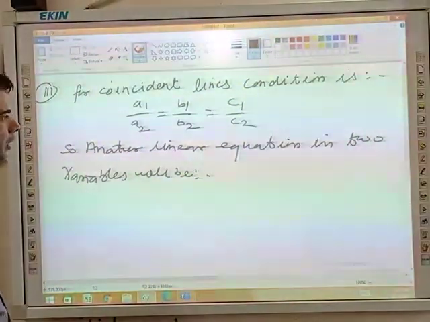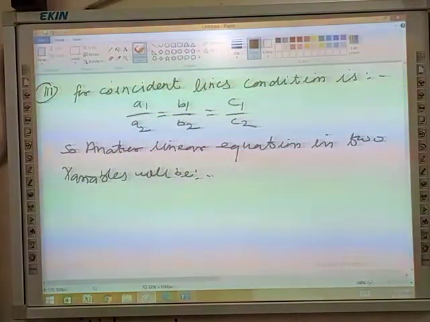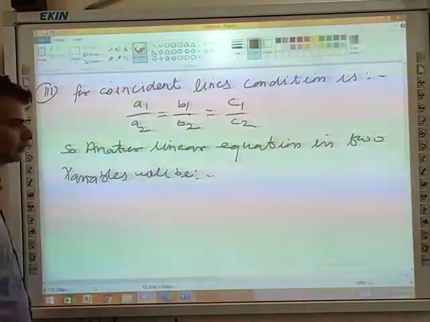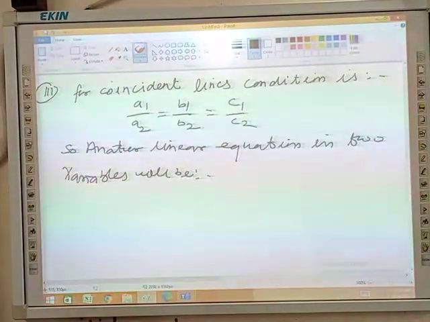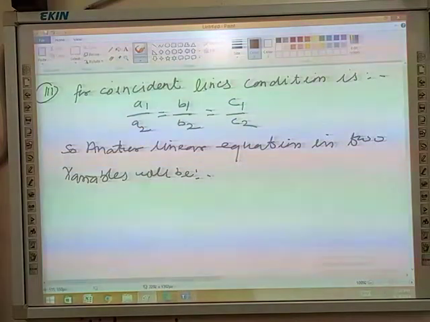Students, A1 by A2 is equal to B1 by B2 is equal to C1 by C2. Then another linear equation will be 4x plus 6y. Students, listen to me.